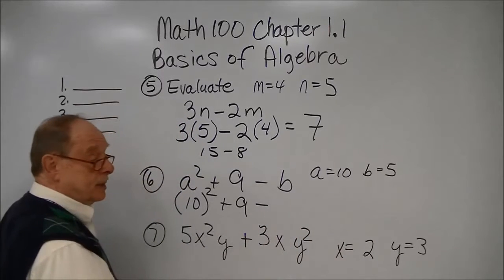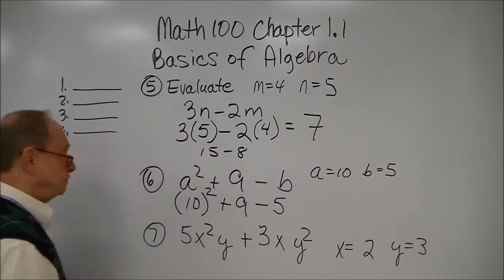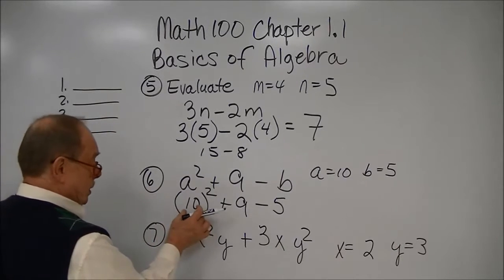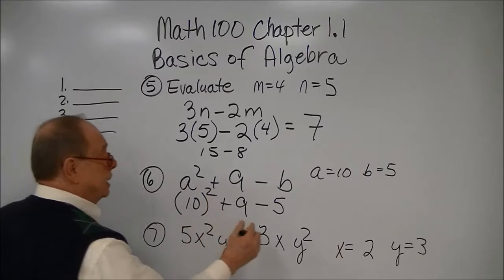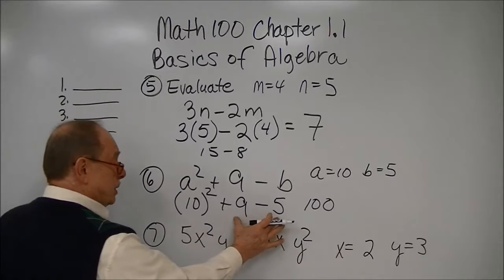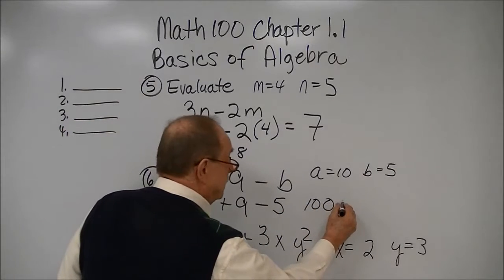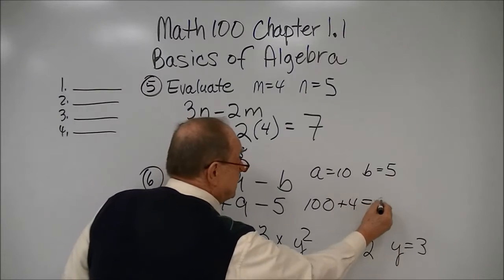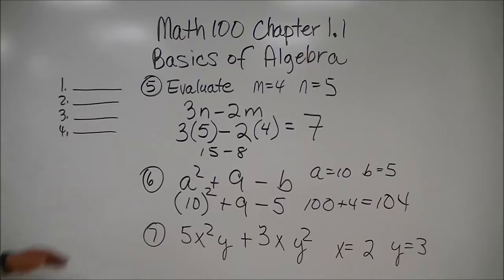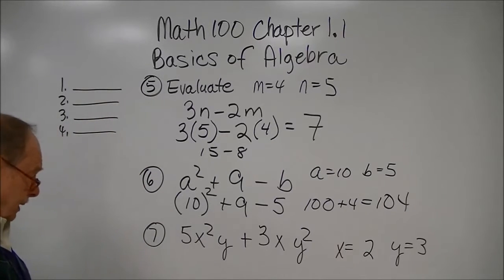Since it's not multiplication, we can just put the 5. So we're going to square 10, which gives us 100. Then we're going to subtract the 5 from the 9, and that'll give us a 4. So we get 104. What we're doing here basically is just some substitution.